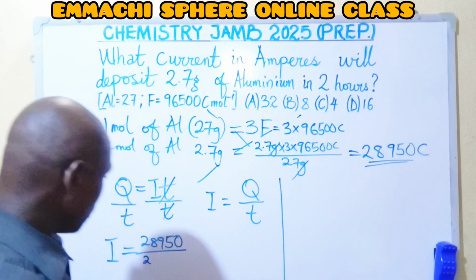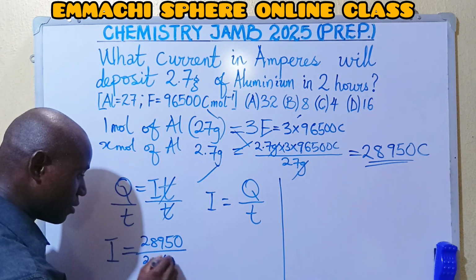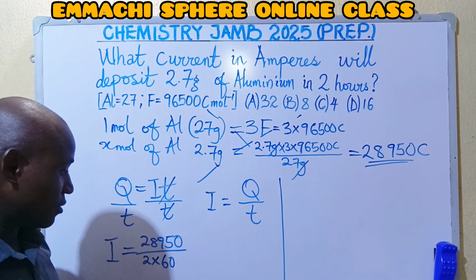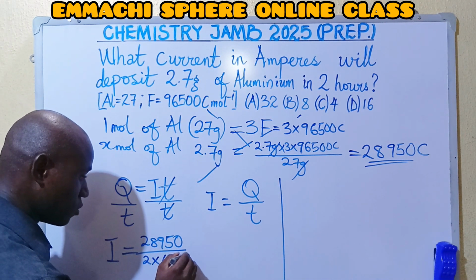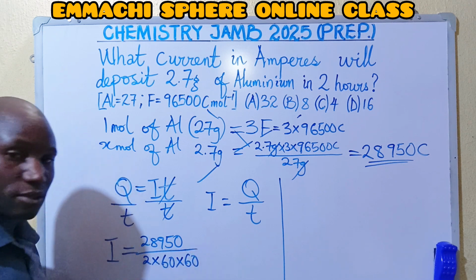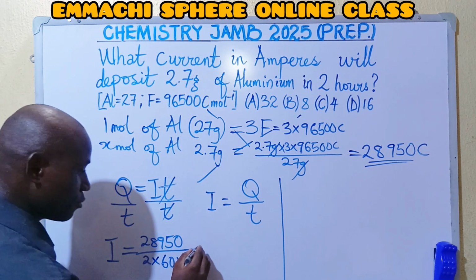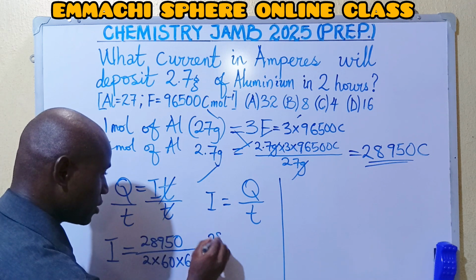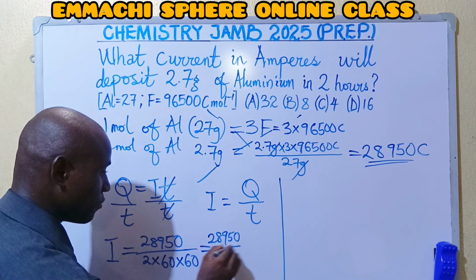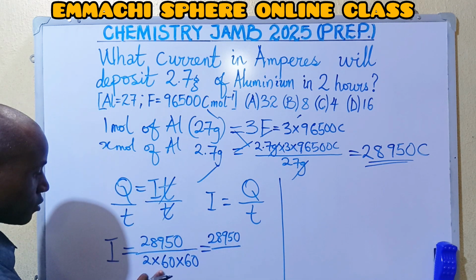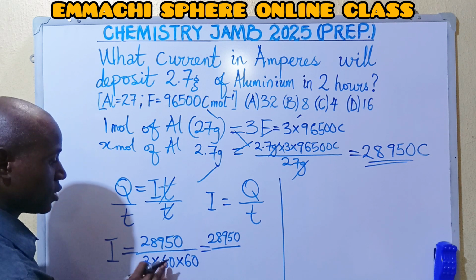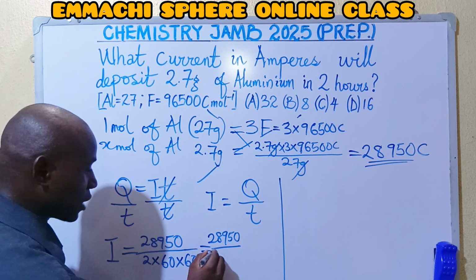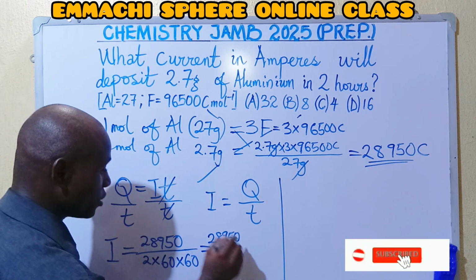It therefore means that we convert to minutes by multiplying by 60 and then also into hours by multiplying by 60. So it becomes 28,950 divided by 60 times 60 gives 3,600 times 2, that is 7,200.